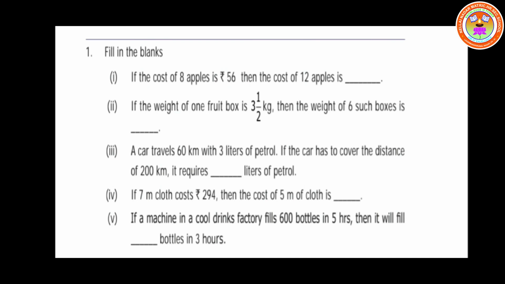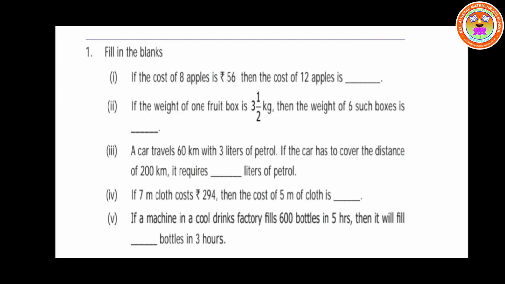So 1-meter cloth now costs rupees 42. So now you have to find the cost of 5 meters. So 42 into 5 you do. So your answer will be rupees 210. If a 7-meter cloth costs rupees 294, then the cost of 5-meter cloth is rupees 210. Okay. Now subdivision 5.